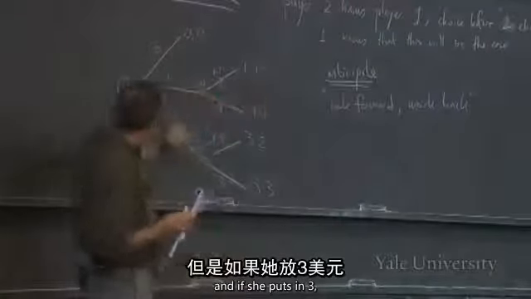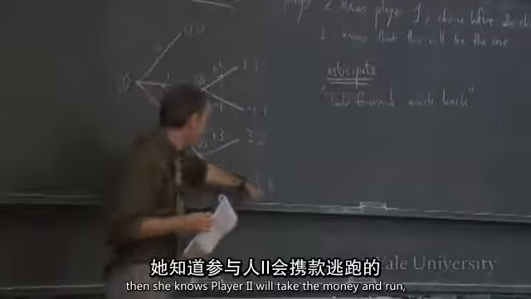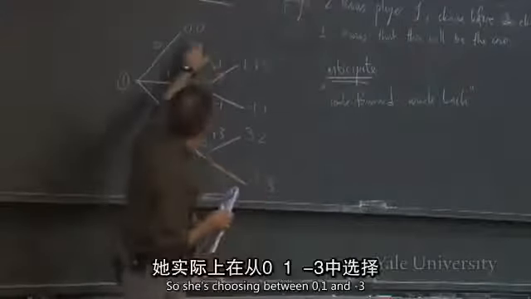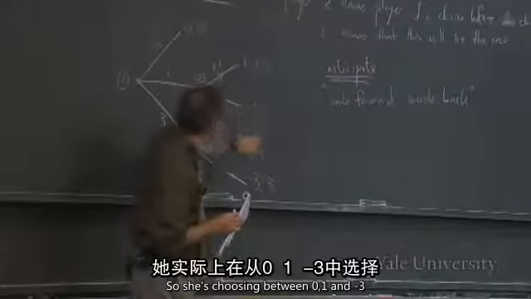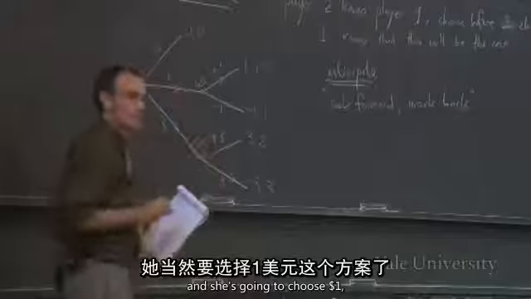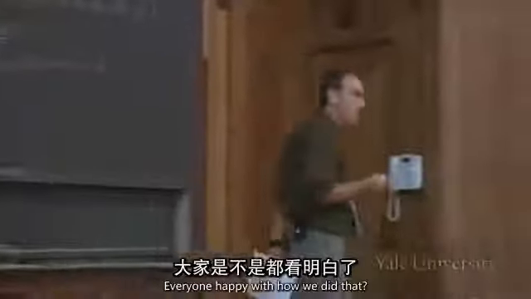And if she puts in 3, then she knows player 2 will take the money and run, in which case our lender will have lost $3. So she's choosing between 0, 1, and -3, and she's going to choose 1. Right, which is exactly what happened in the game. All right, everyone happy with how we did that?